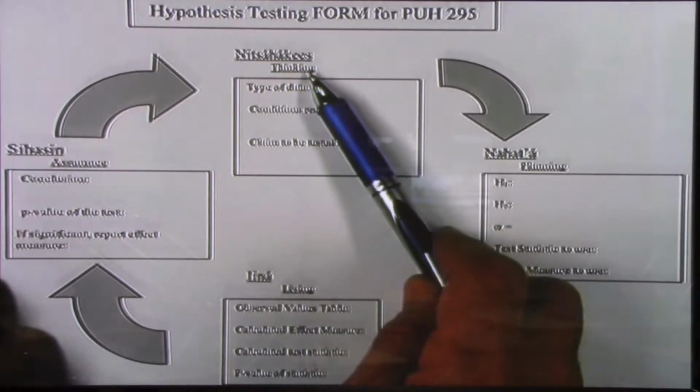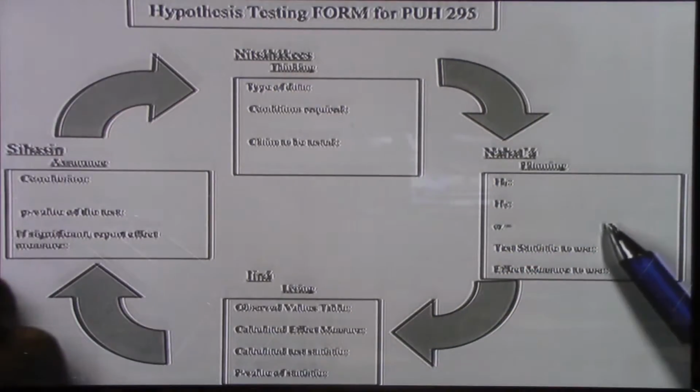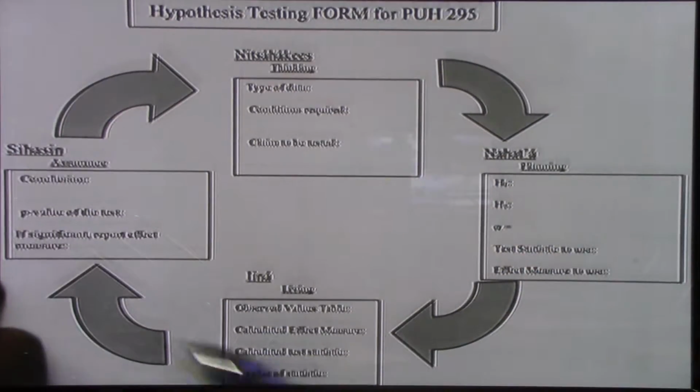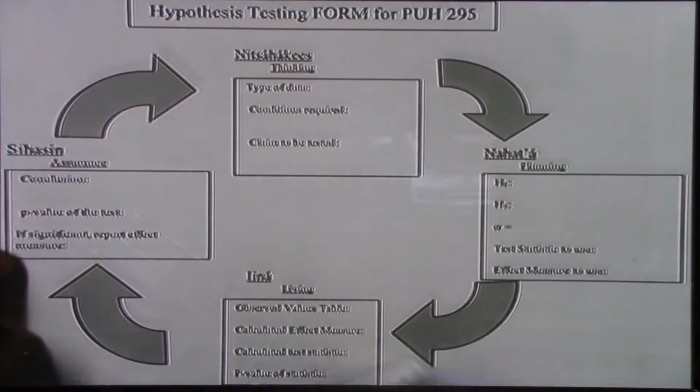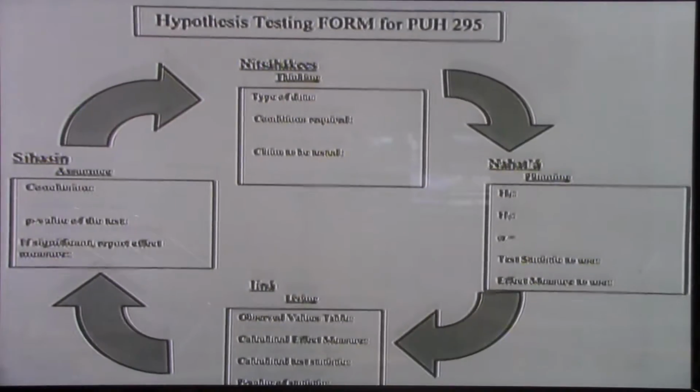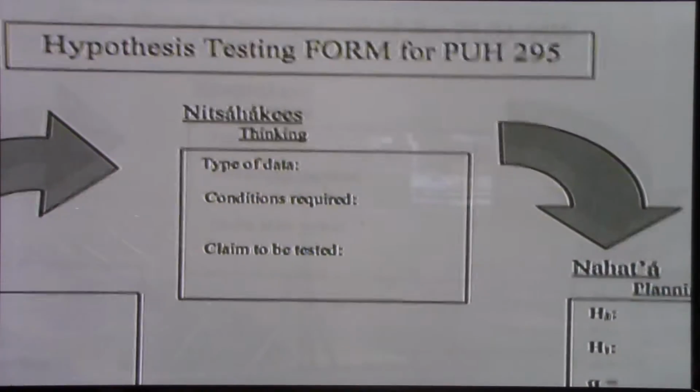And we have thinking, planning, doing, and assurance. So we're going to go in that order around here, but in order to video this more clearly for you, I'm going to zoom in. We're going to go one direction at a time here.